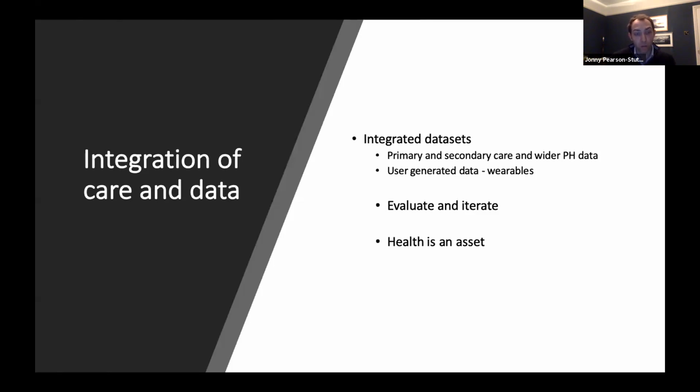But as important as that, when within hospitals and primary care settings and across ICPs, we're generating these data sets, we need also to be responsive to what the population are doing. There's much more data now in the palm of our hand in our phones than there ever has been before.